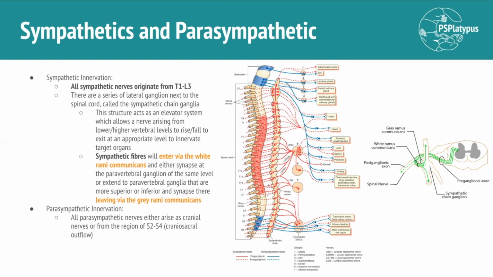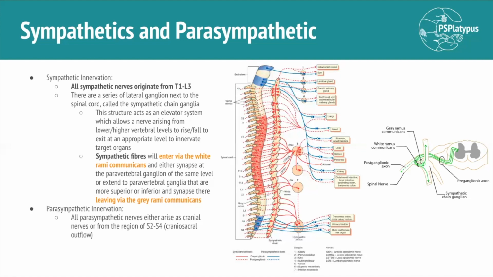A key idea to remember about this, or the one concept that you will be tested on in your exams, is where the sympathetic fibers exit, how they synapse, and how they enter back into and innervate the organs that they are trying to affect.